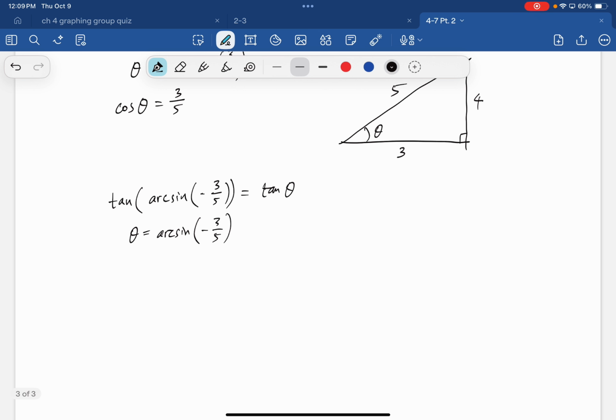If theta equals arc sine of negative 3/5, that simply means that sine theta is equal to minus 3/5. But now we have to be very careful and think clearly about which quadrant theta is in. Actually, I changed my mind. Let's do cosine instead. Sorry if you're writing on paper.